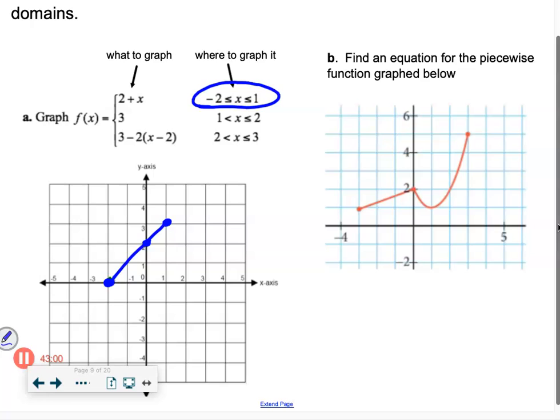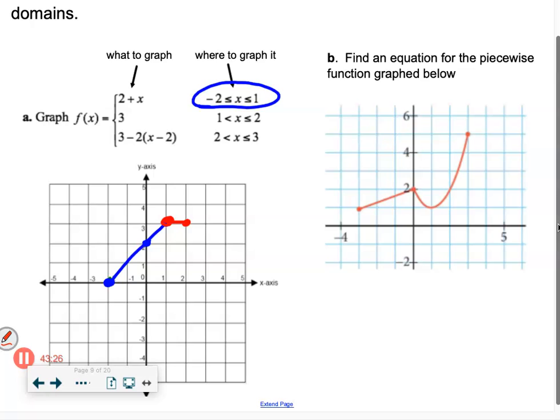So we're going to graph the horizontal line y equals 3, but only from x equals 1 to x equals 2. Since we don't include the 1, we would normally put an open circle here, but it's filled in by this point, so it really doesn't matter because they overlap.